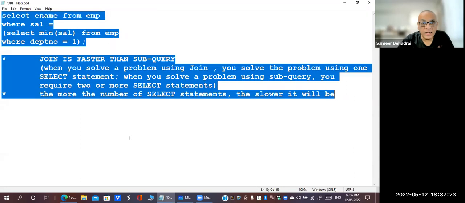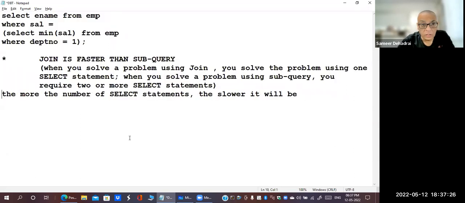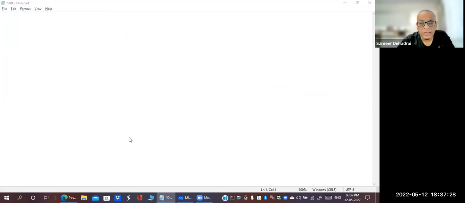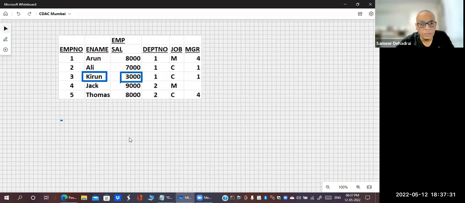Chalo, let's take another example. Students, let's attempt another problem. Look here. Suppose you want to find out the maximum sal.